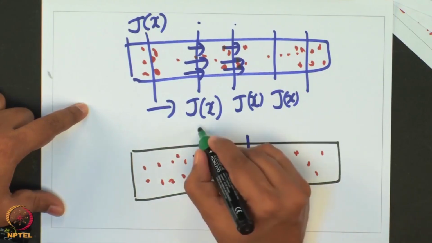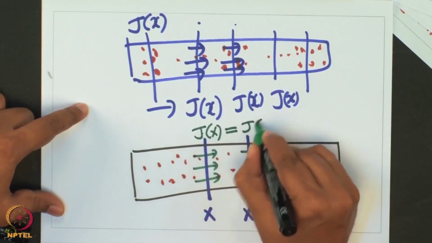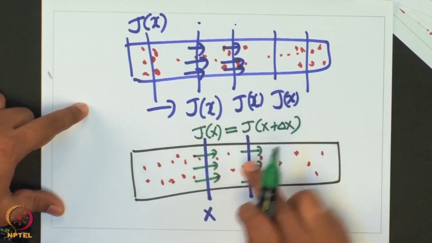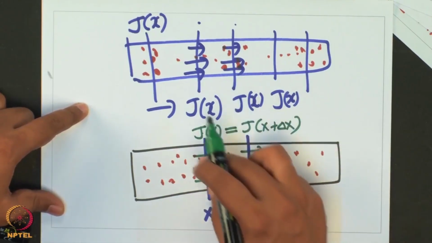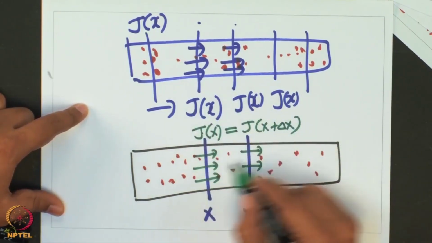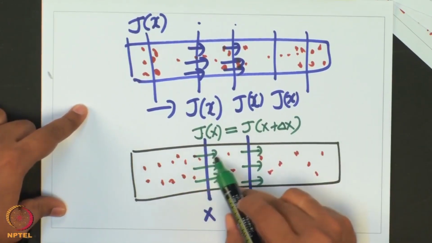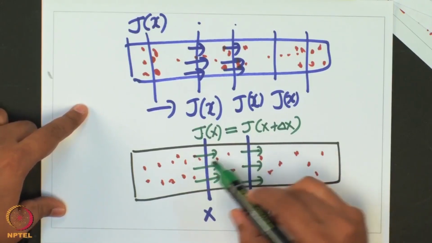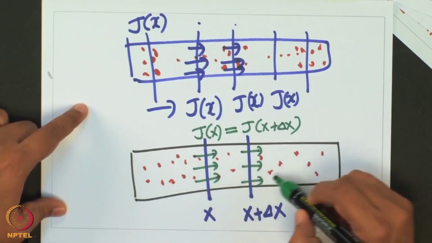So if we have J at x the same as J at x plus delta x, 300 molecules are crossing this line every second, and 300 molecules are crossing that line every second. If the flow here is equal to the flow there, then in this in-between region, 300 molecules are coming in, 300 molecules are going out.